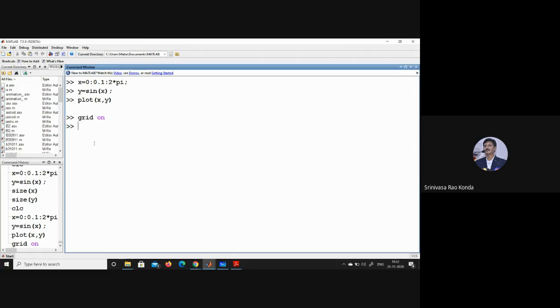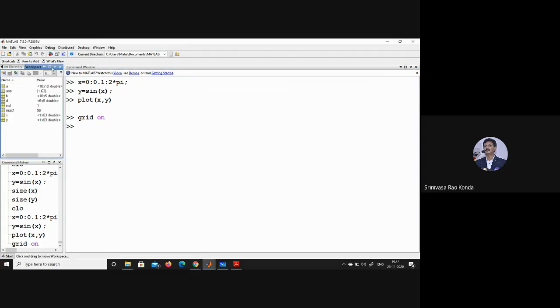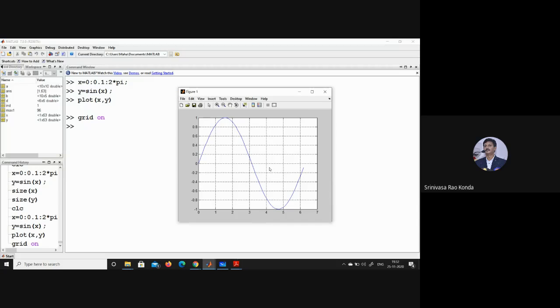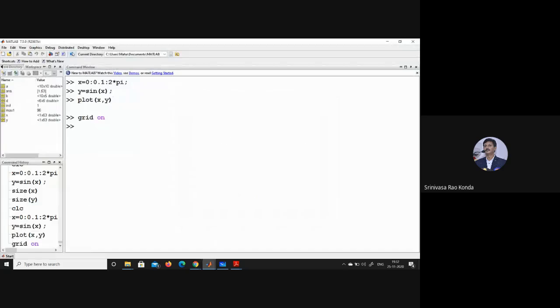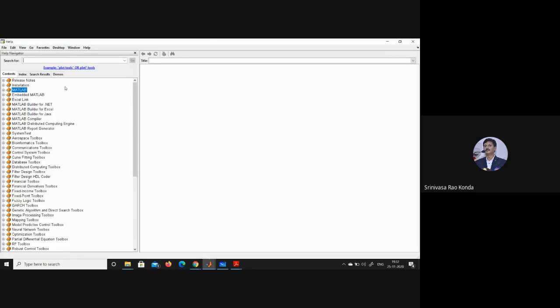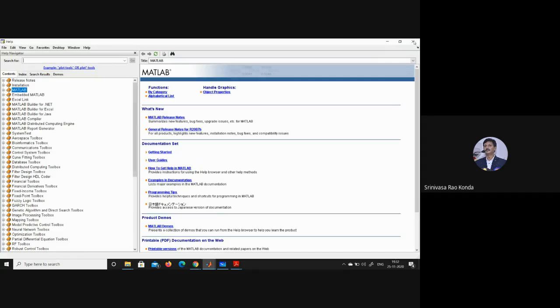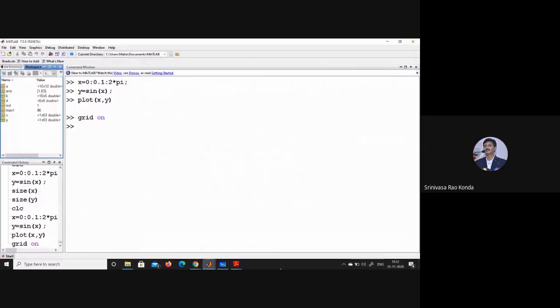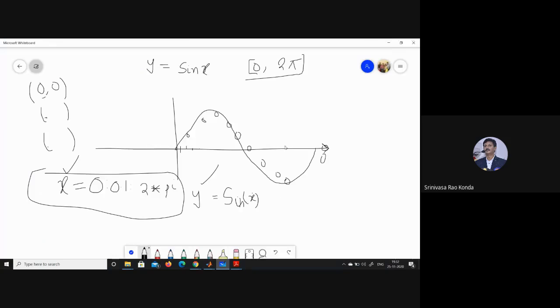One is the command window, command history, workspace. The next window is the figure window. One more window, the help window. This is a powerful window. So we are familiar with 5 windows now.